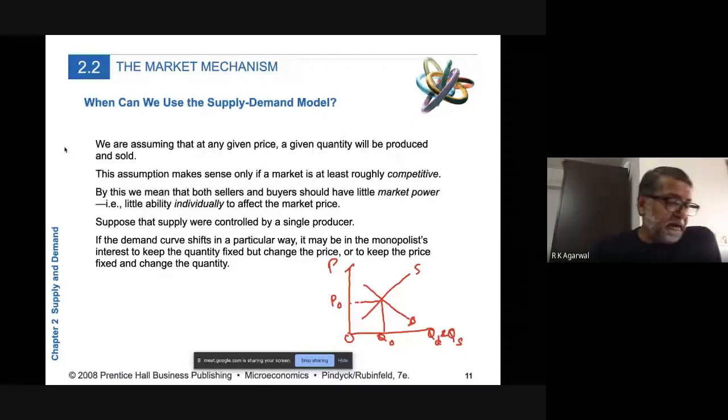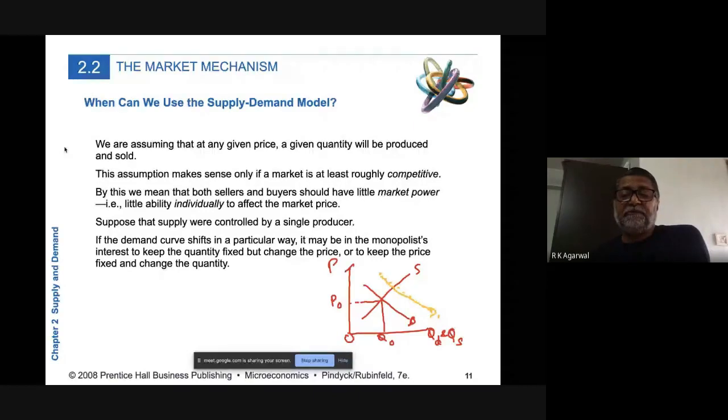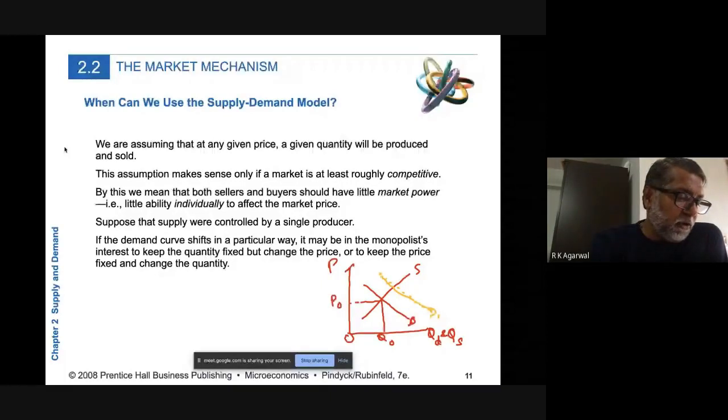So let us say demand shifts from D to D1. And the supply curve remains the same, because the monopolist can keep the supply fixed. The monopolist may say, I'm not going to change my supply. So what will happen?